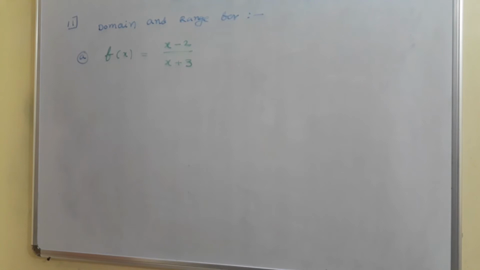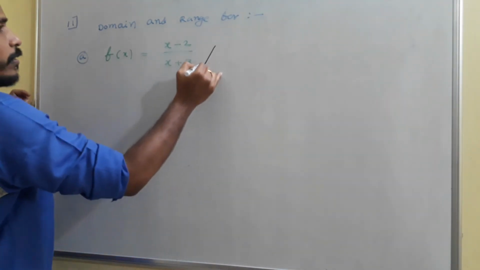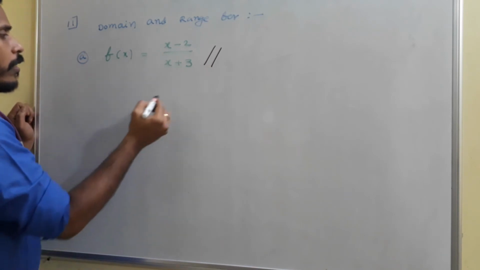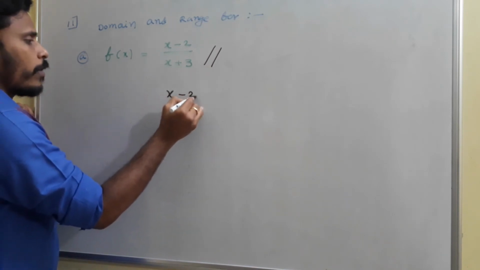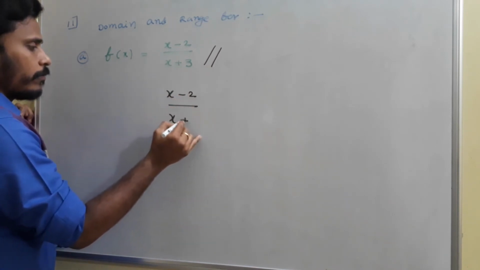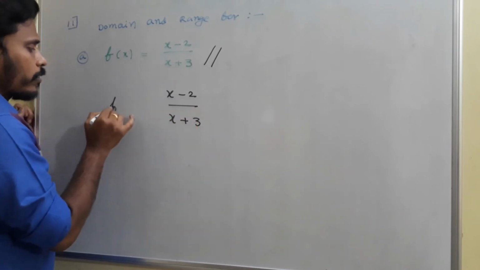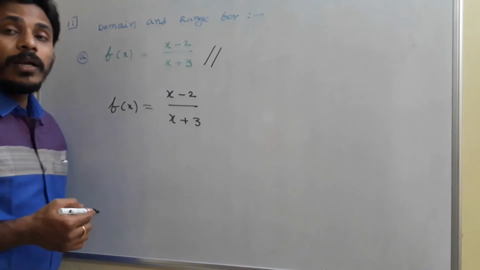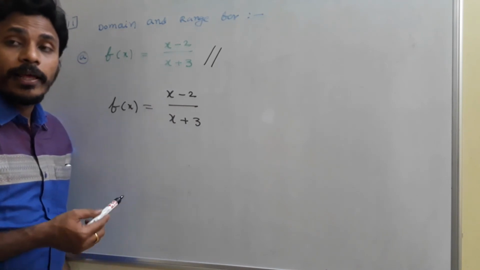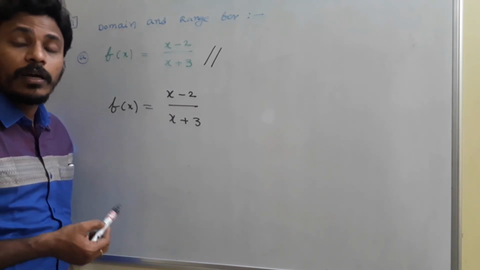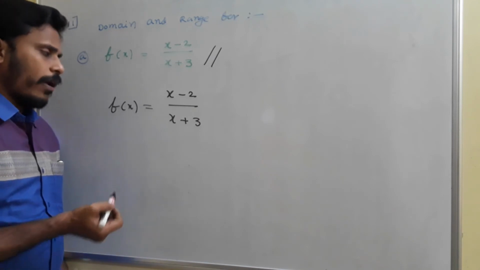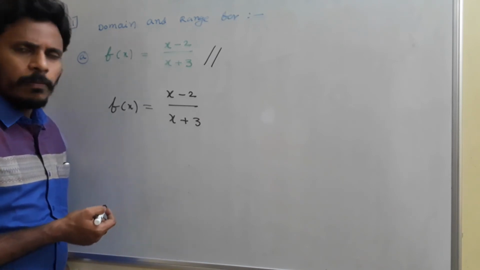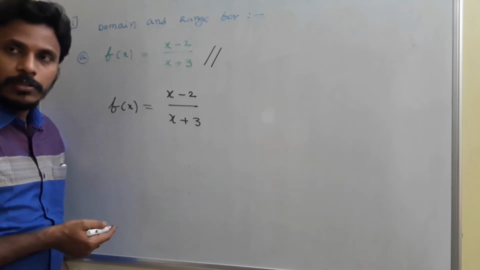Domain and range for the function f of x equals x minus 2 by x plus 3. You just think about x minus 2 by x plus 3, f of x. Since you need the domain, in the sense, what are the possible inputs for x? What are the possible values that are allowed for x? Take different values in the place of x, you will get different answers.